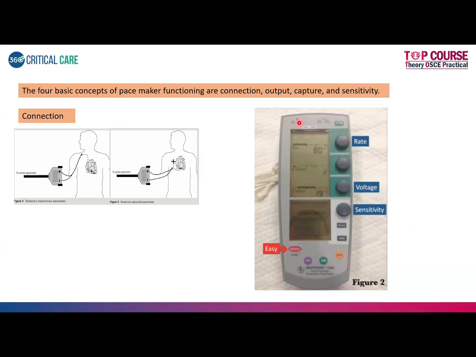One also has the connections. So we have the atrial connector here, the ventricular connector here, and then we have the battery connector somewhere below. So these are the connections that are seen in case of a temporary pacemaker.